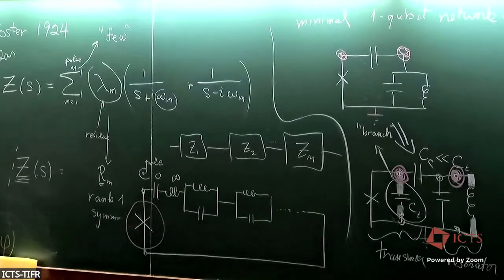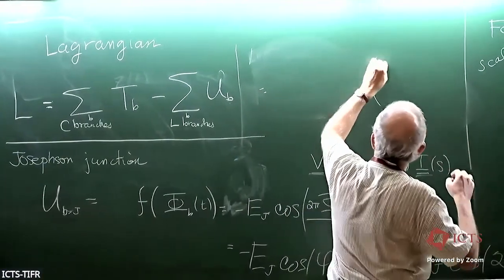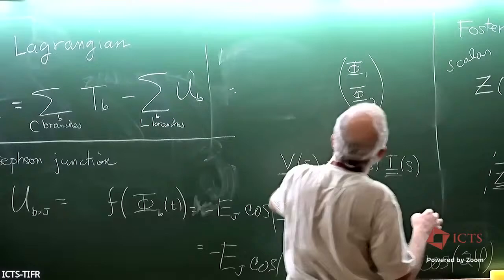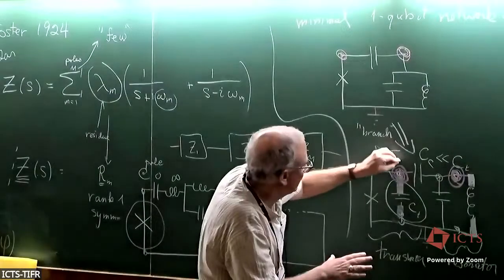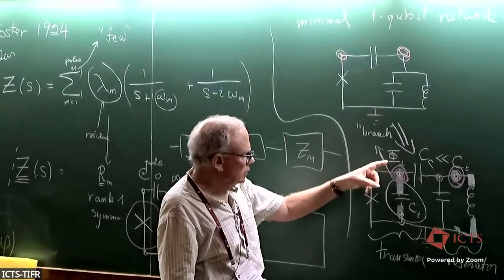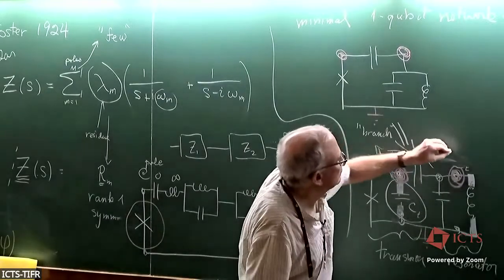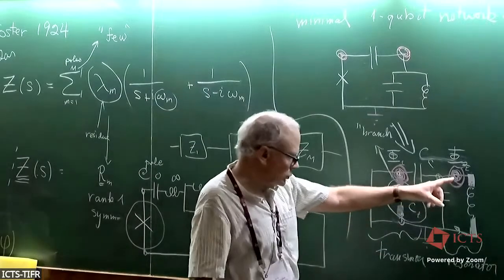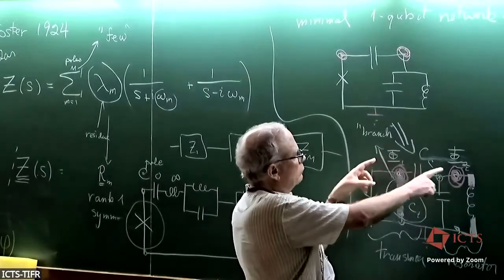The way you'll summarize this is, let's take this two-dimensional example. I'll have my variables phi 1 and phi 2. Now, I've been saying branches, but now at this point I can very specifically say I have a phi here, and what I mean by the branch flux is this minus whatever it is here, which is 0, and then I have phi 2, and that will suffice for these two branches. And then when I have a branch like here, it'll involve the variable phi 1 minus phi 2.